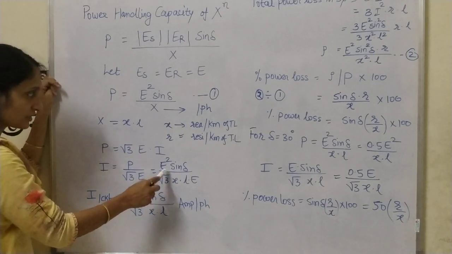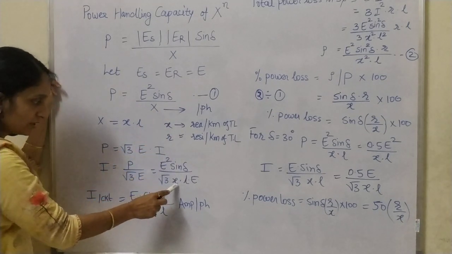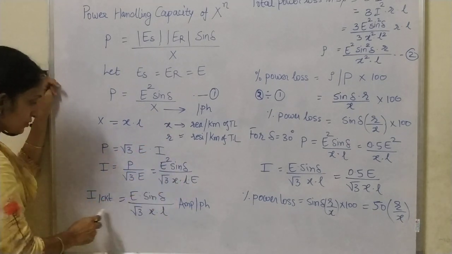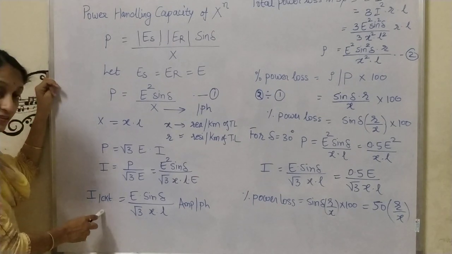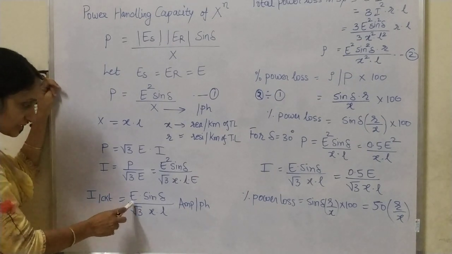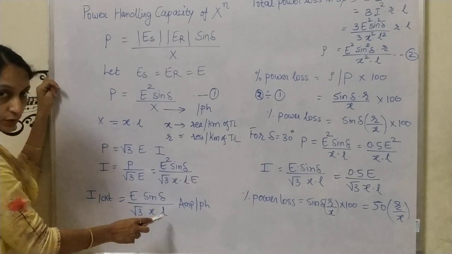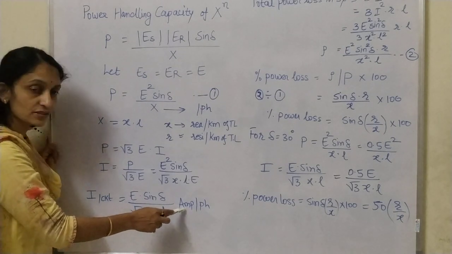After substituting, see here E square sine delta, I have replaced X with small x into L. So current per circuit, I, is given as E sine delta upon root 3 x into L.